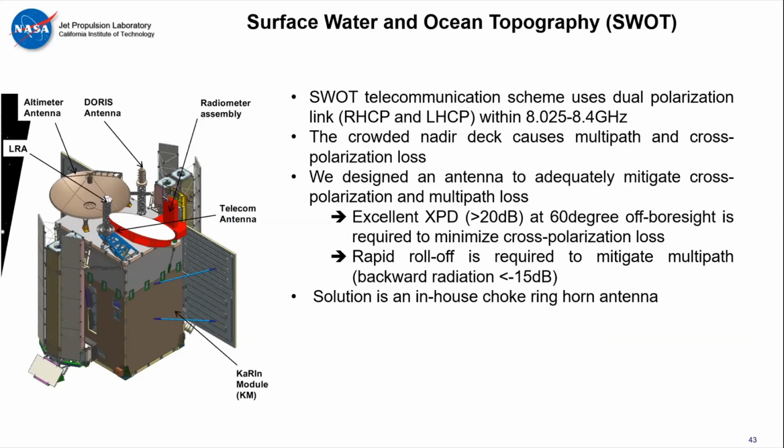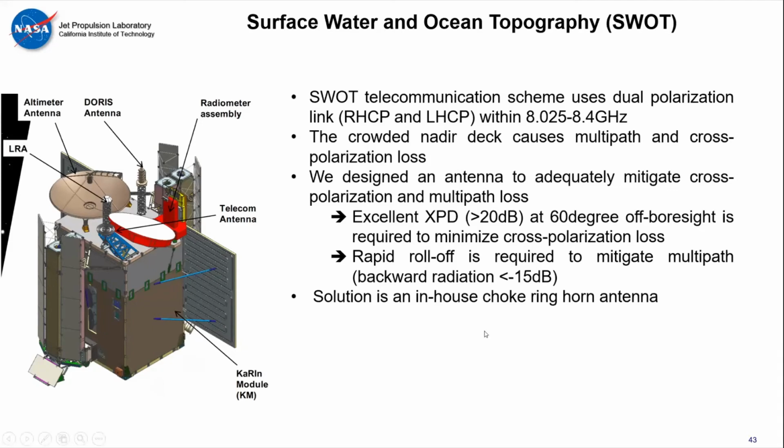This antenna was designed to operate on a very crowded nadir deck where there are 2 large reflectors. There is the altimeter that you see here, and the radiometer that you see here, that would cause strong multipath, which will generate interferences. The antenna also needs to have a very good cross-polarization discrimination, because the cross-polarization of one polarization to another will actually be additional interference as well.